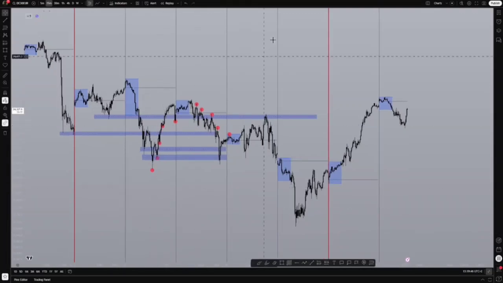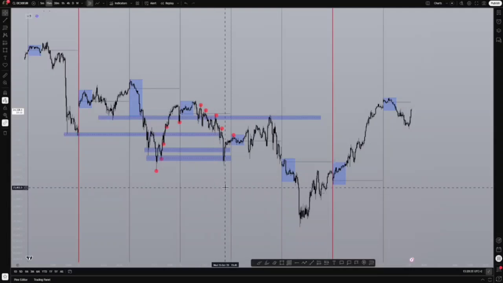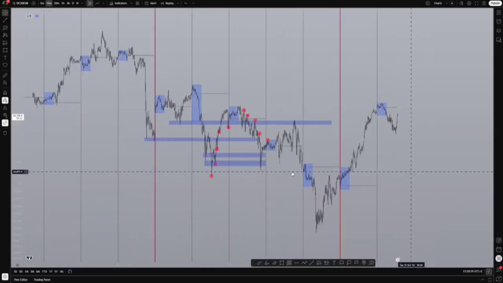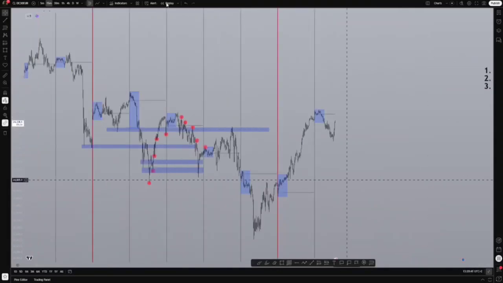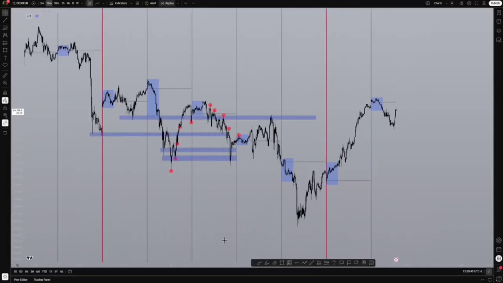So now we're going to take a random month. I hope these are the basics, right? Everyone got these basics down: support and resistance, liquidity areas, highs and lows. So we're going to be backtesting and just take a random month.